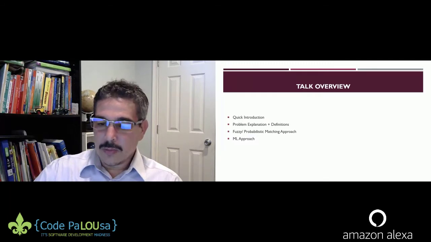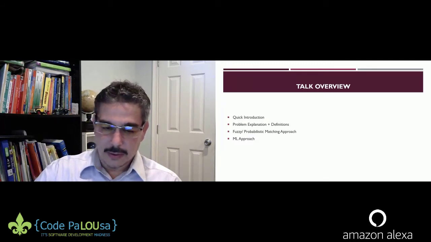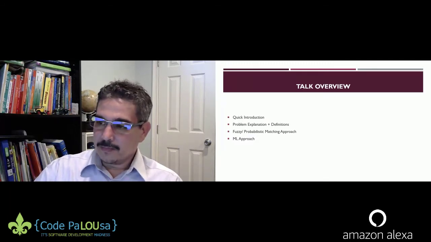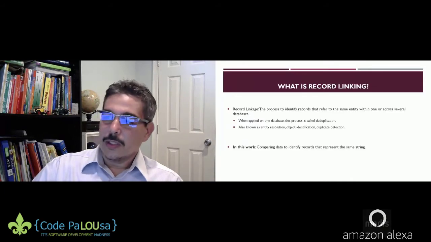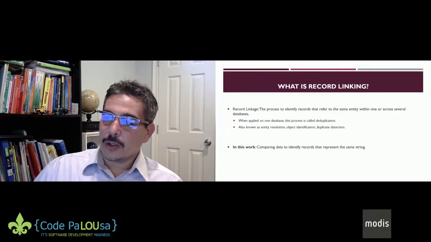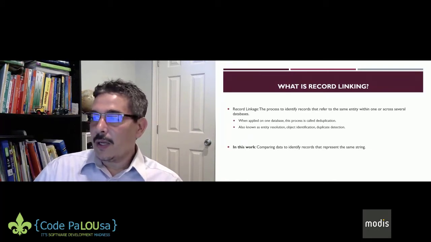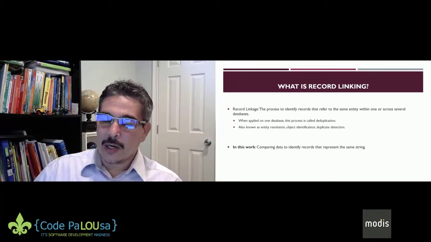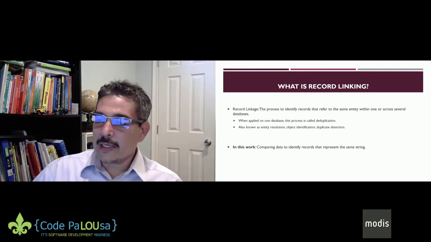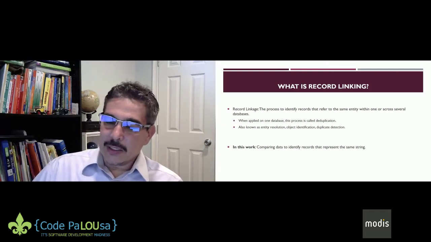So what do we mean by data linkage? Data linkage, or record linkage, is the process to identify the same name or same entity. We are looking at the whole data, and then we try to figure out which data is similar to each other, or matching.